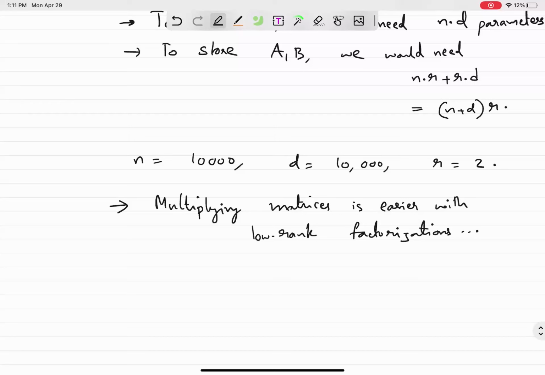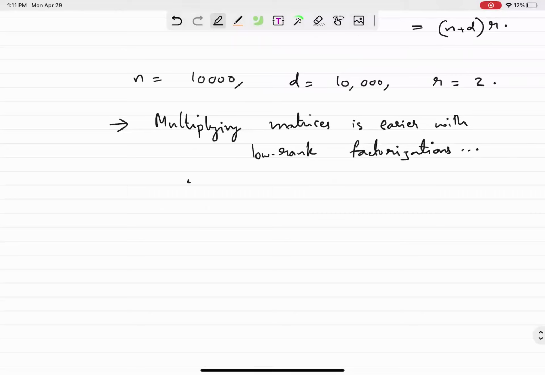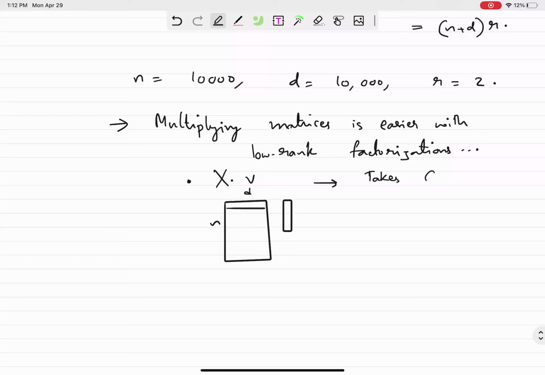Just as storing is easier, even multiplying would be easier. For example, let's say I want to calculate X times a vector v. How much time would I need? Well, X is n by d, and v is d-dimensional. So I have to compute n entries. Each computation involves d multiplications and d additions. Each time I multiply a row with the column. So it takes O of n times d time.